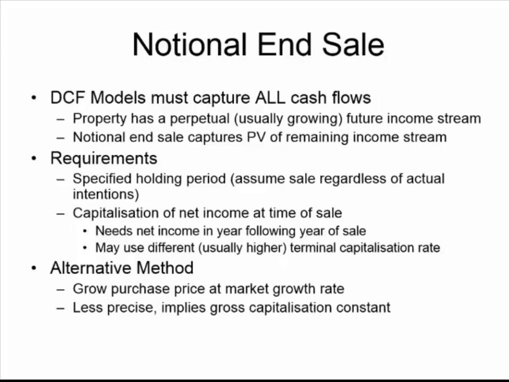And so we have to model 1 year past the revenues and expenses to get the net operating income for the year following the year of sale. Puts a little bit of a wrinkle into our models. By now you will have seen that demonstrated, but it's important to be aware of why it's important. Of course, that's all a bit more complicated than the simple approach of growing the purchase price following the property growth rate worked on the purchase price.